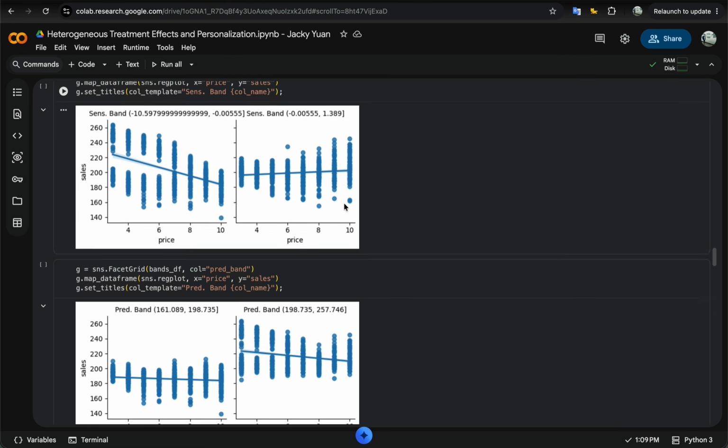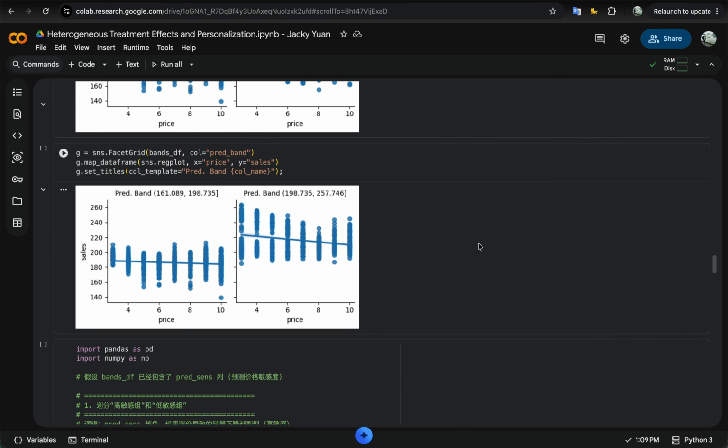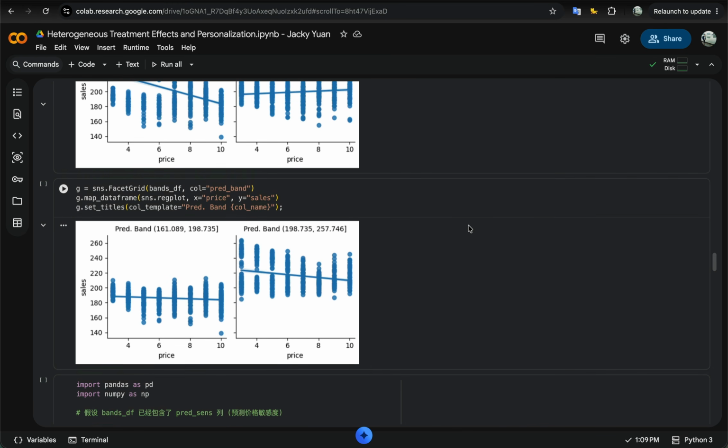Is that amazing? On the second chart, which is only the machine learning model, for both groups, when the price increases, the sales decrease as well. That is the causal inference mindset I want to share with you guys: optimize decisions based on the treatment effects, not just predict outcomes.